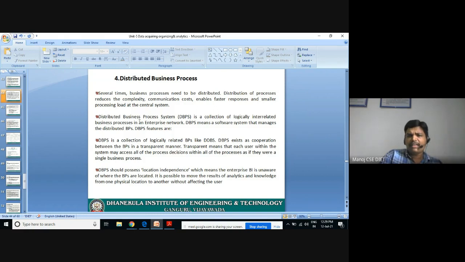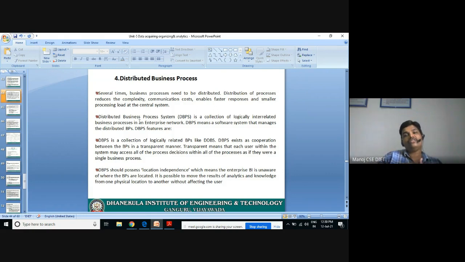You can consider it as software. As practically we are discussing here, DBPS is software actually. It is the software system where one can manage these distributed business processes. What we actually distributed, what it consists of, how many business processes we require here, what the role of these business processes is, how they are working, how they are connected, and how they are logically interrelated.